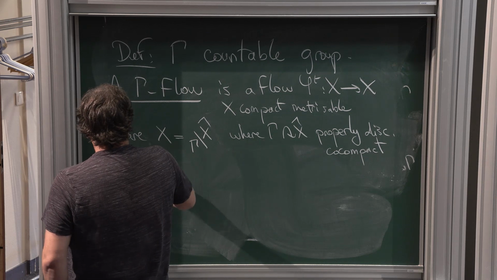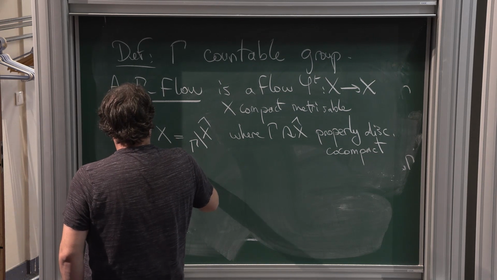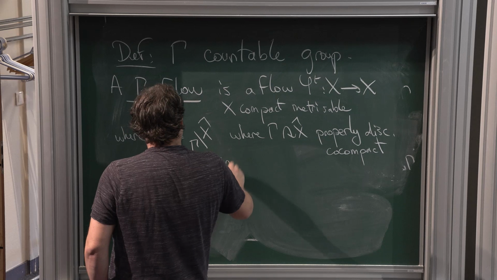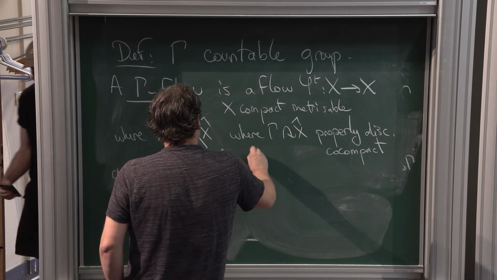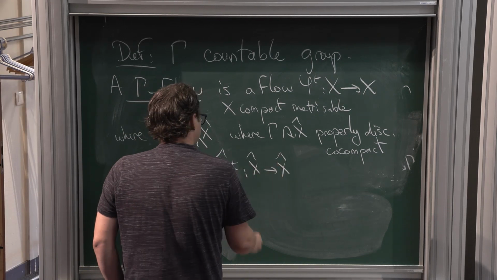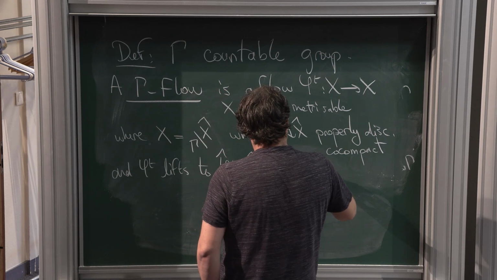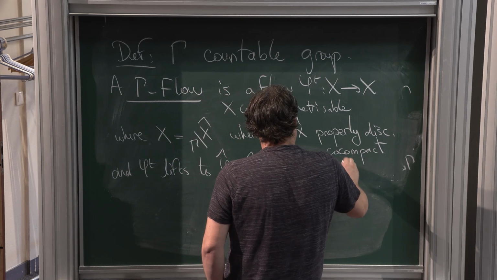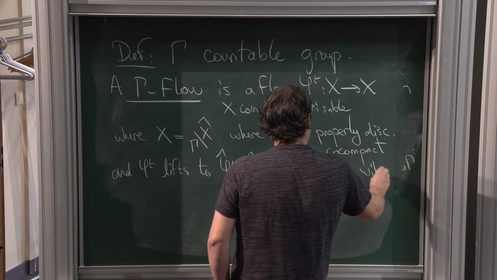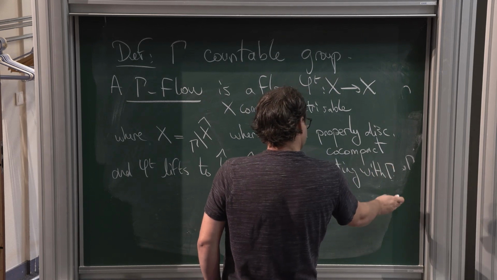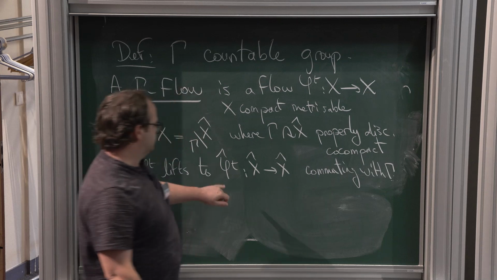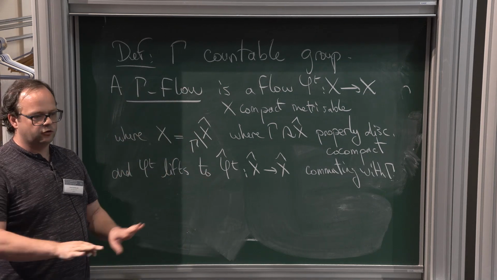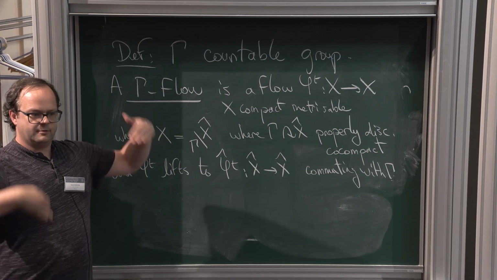And the flow phi t lifts to a flow phi t hat, commuting with gamma, but such that this flow phi t hat will have completely trivial dynamics. You've killed the dynamics on this cover.